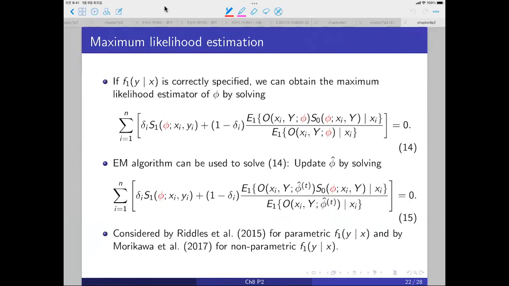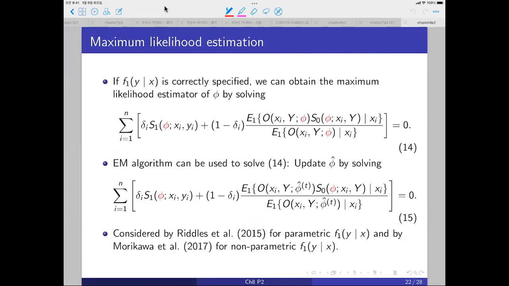Using that, you can have two estimating equations, two different ways of computing. Equation 14 is the original equation. Basically, this is a mean score equation: the conditional expectation of the score S given x and delta equal to 0.